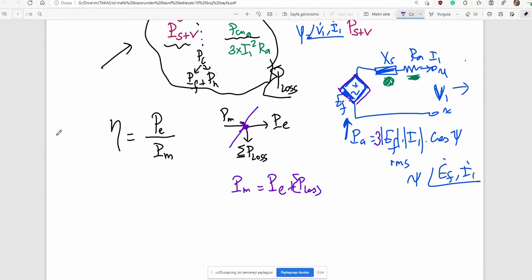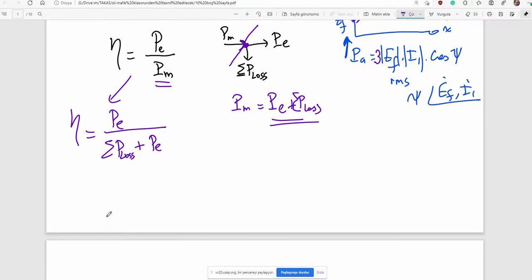Okay, let me write it down again. Efficiency is electrical output over, instead of mechanical power, you substitute the equivalent, electrical plus total losses.